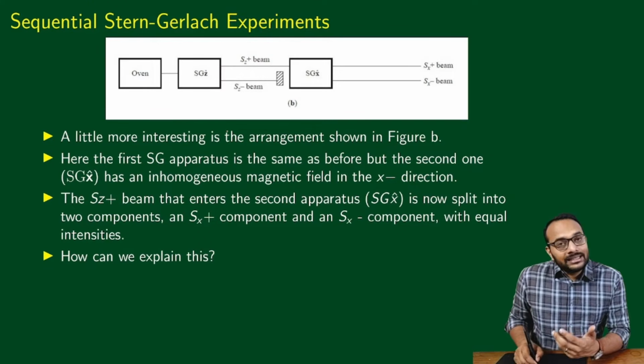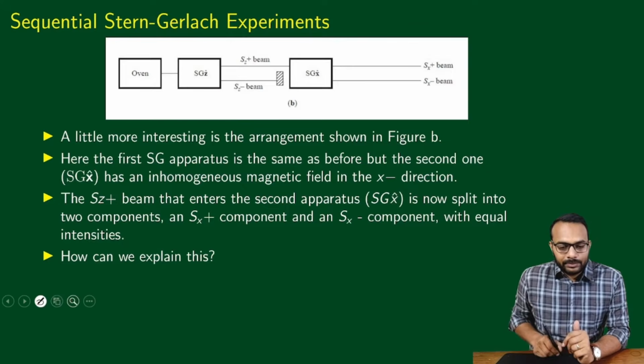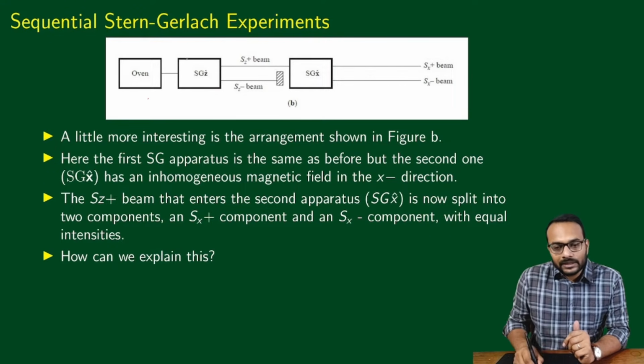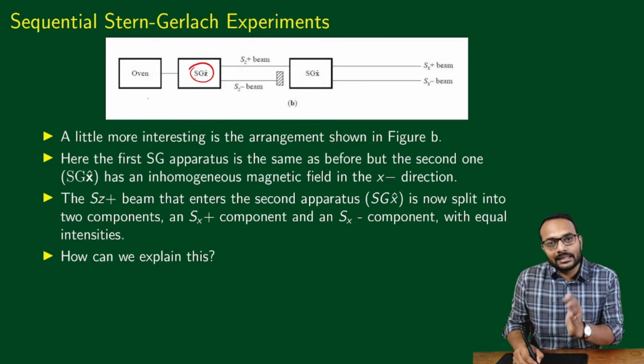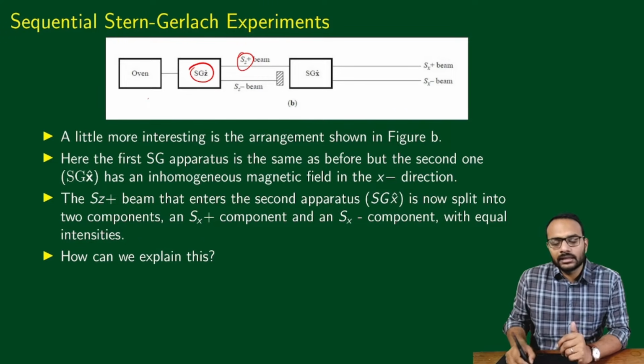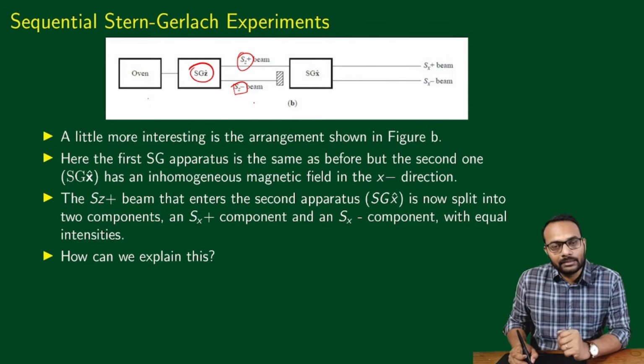Now, a little more interesting is the arrangement shown in this picture. The first apparatus is again SGZ hat, in the sense that the magnetic field is along the z direction. As usual, we get an SZ plus beam and an SZ minus beam. Now we block the SZ minus beam again, as in the previous experiment.